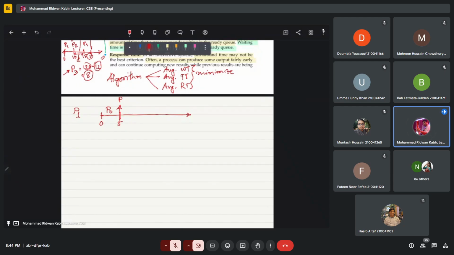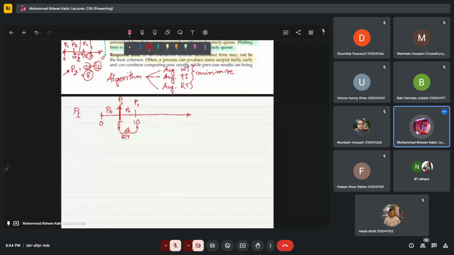However, it does not get the CPU immediately, right? P0 finishes execution at 10, and that is when P1 gets the CPU. So the time it arrived and the time it actually got a response from the CPU is your response time. The delta gives you the response time.